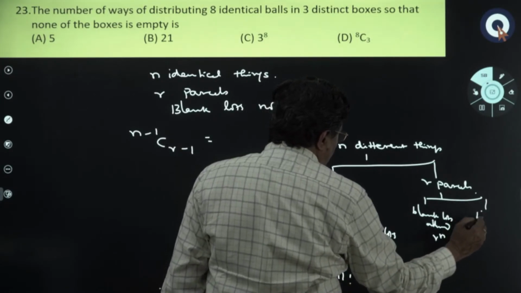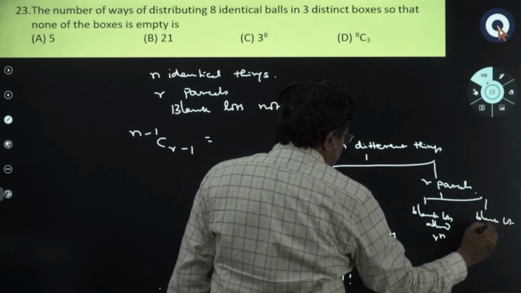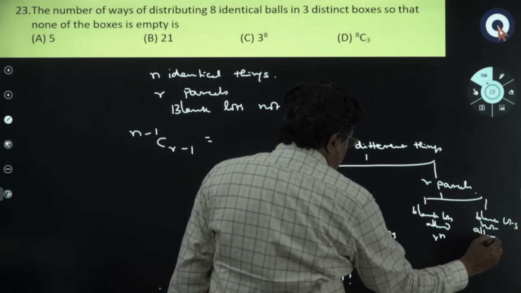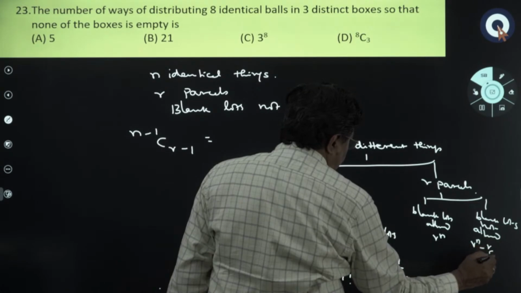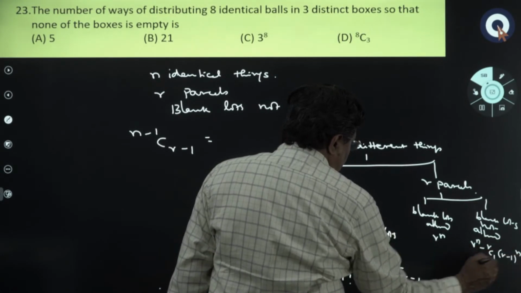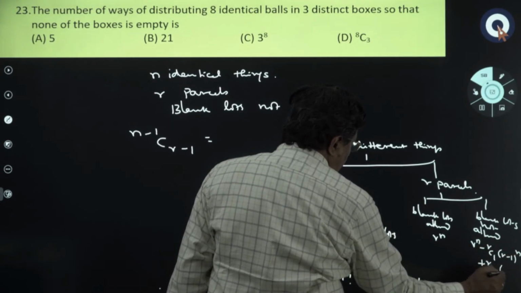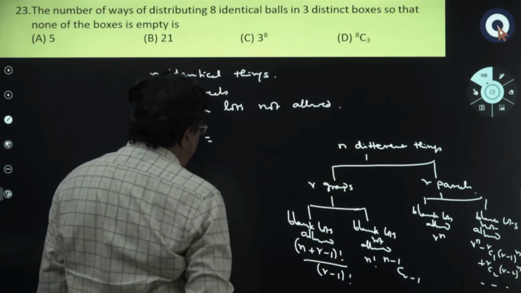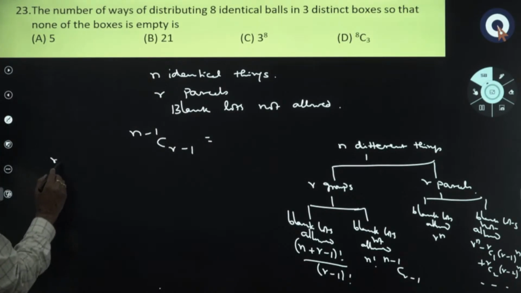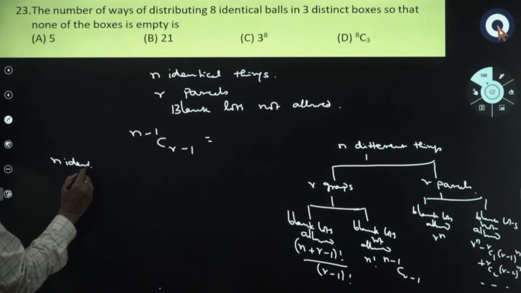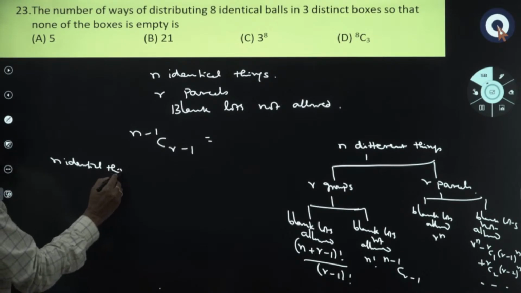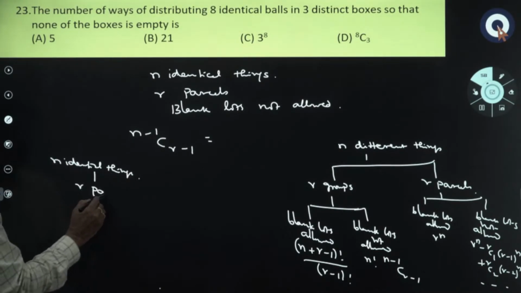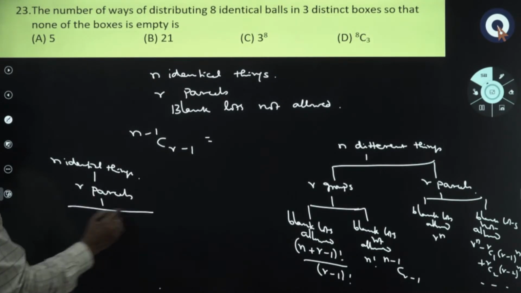Blank lots not allowed, we have used this formula today, which is r power n minus rC1 into (r minus 1) to the power of n plus rC2 into (r minus 2) whole to the power of n and so on. So these are 4 cases with n different things. Similarly, with n identical things, obviously you can't make groups with that, only parcels, r parcels, blank lots allowed.